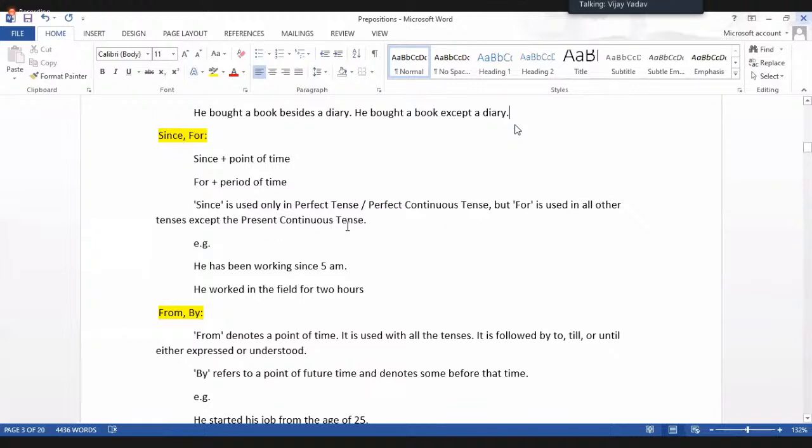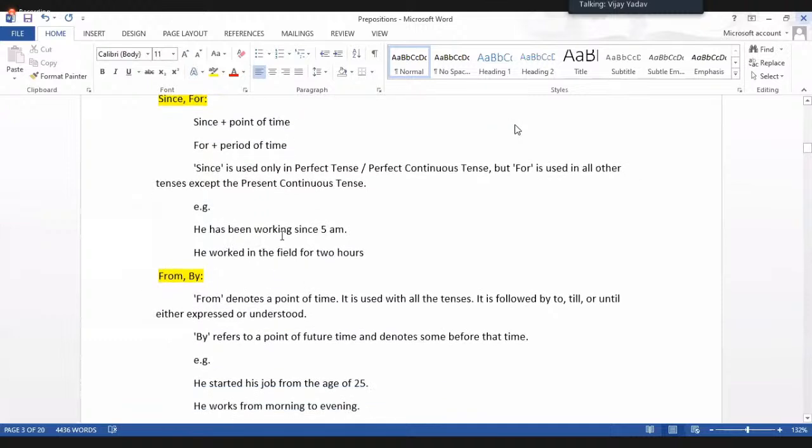It means in present continuous tense, we don't use for. In all other tenses, we use for. So here you have, he has been working since 5 a.m. and he worked in the field for 2 hours. So for plus period of time, since plus point of time.